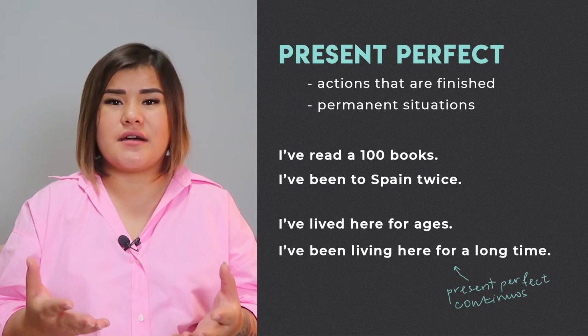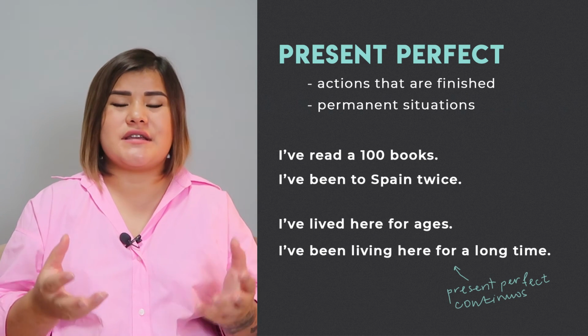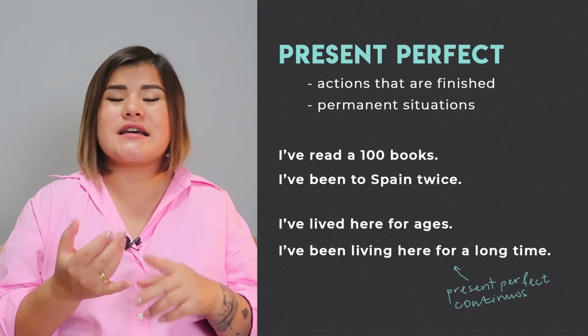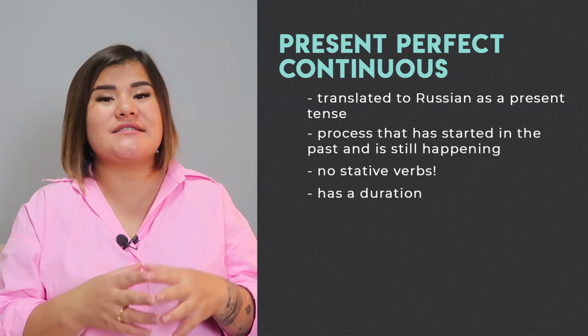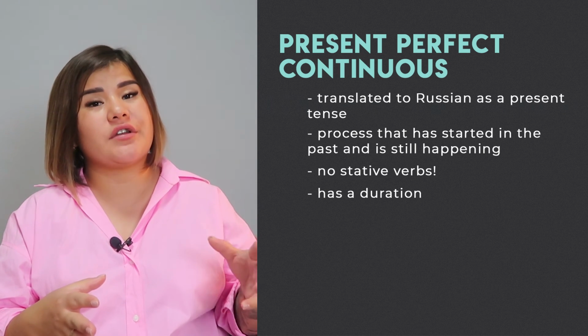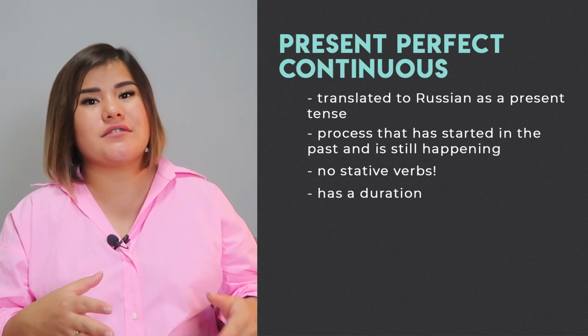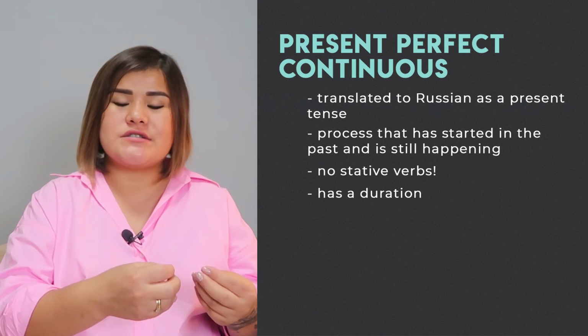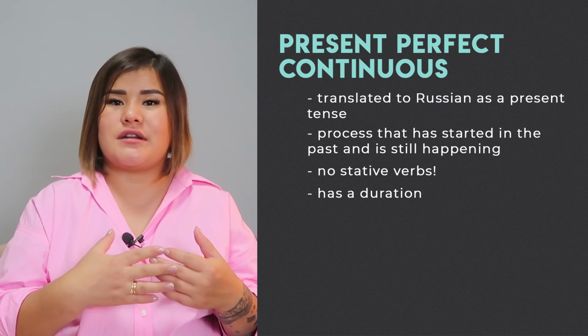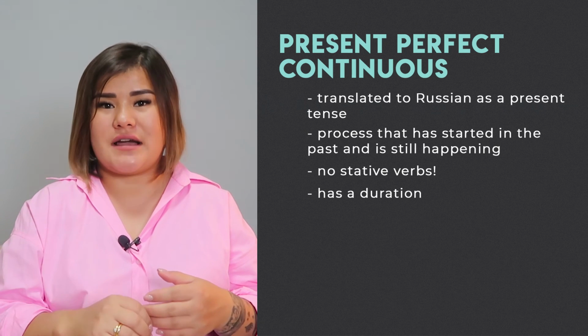So most of the times, the major difference is that present perfect continuous has a duration. It's one temporary action that has been happening over a period of time and is still happening. And of course, we need a duration or a period when it started happening, a point on the timeline.